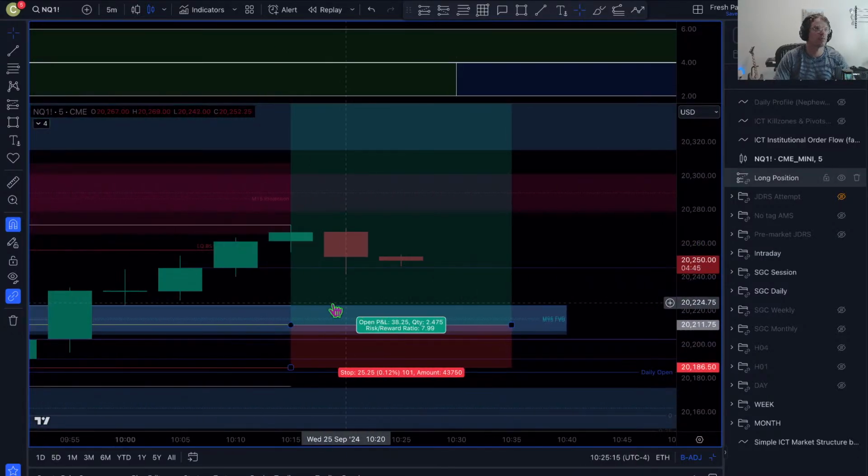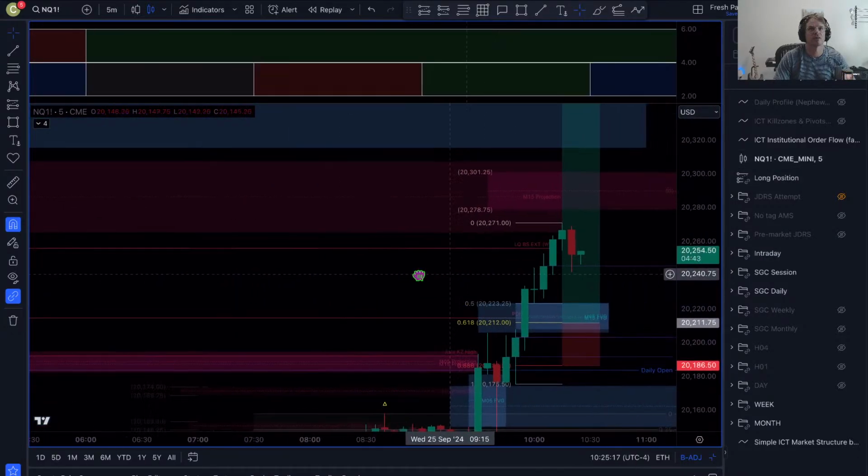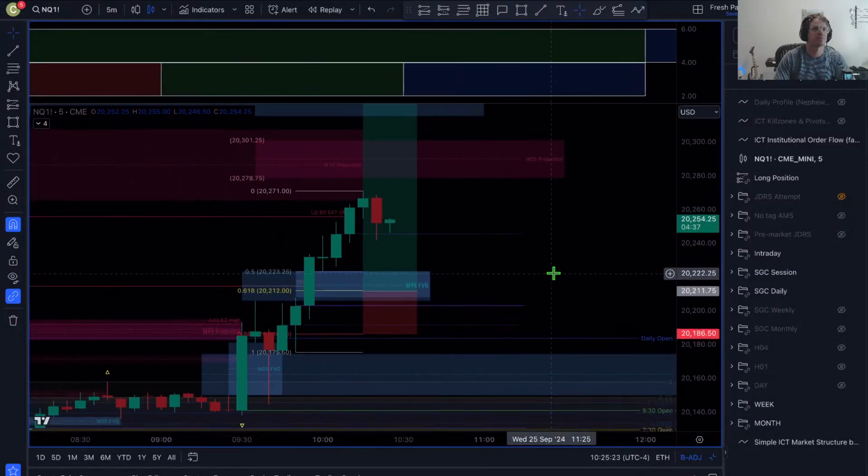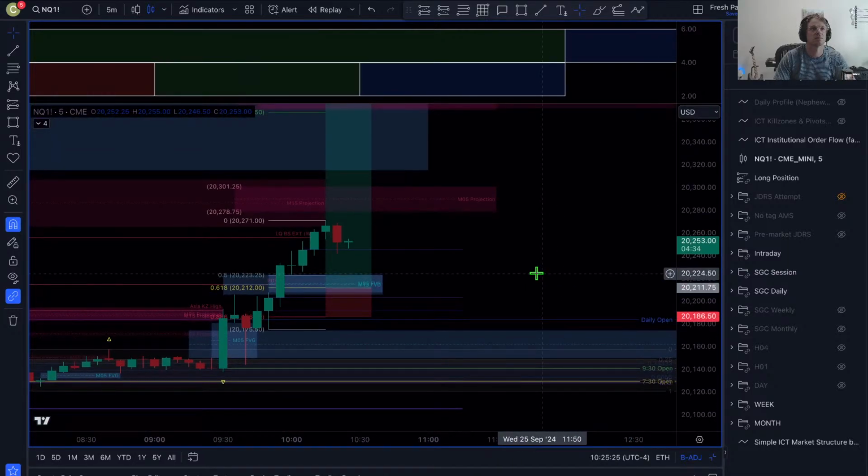The 5 minute just hit a volume imbalance and held it on the first test, but it broke through the 5 minute inversion fair value gap to the downside.